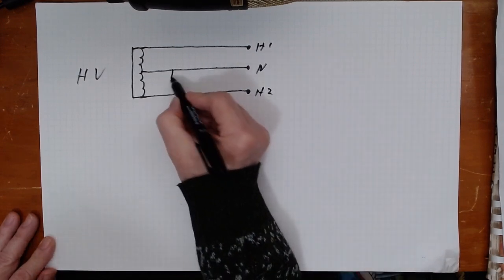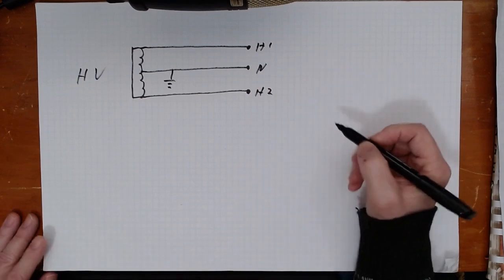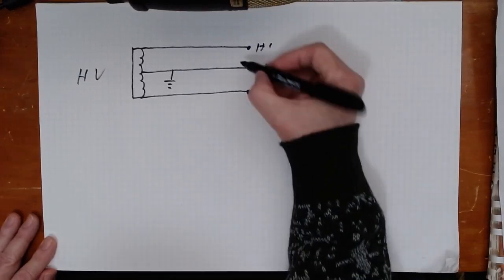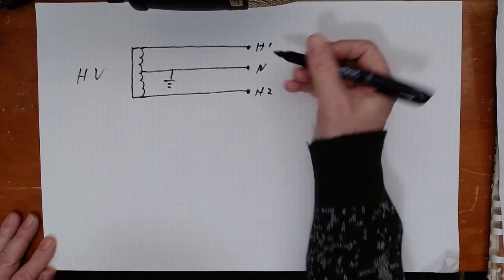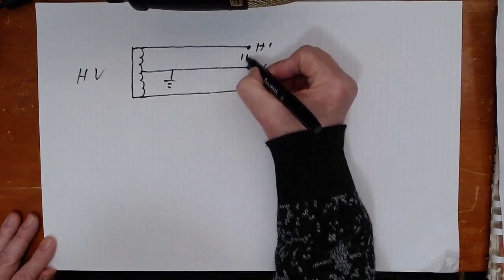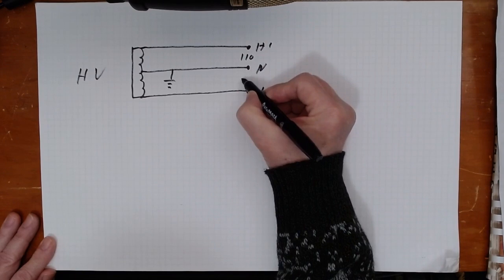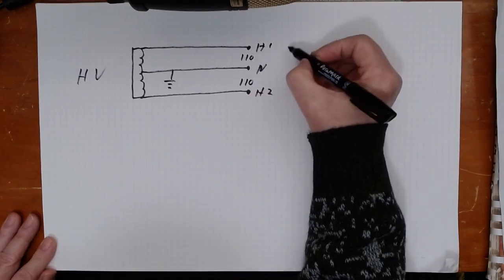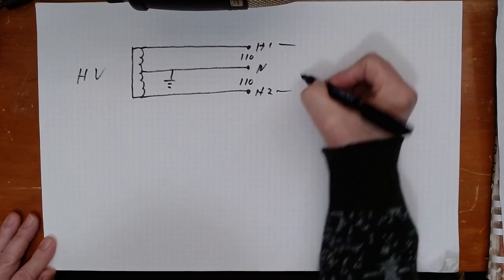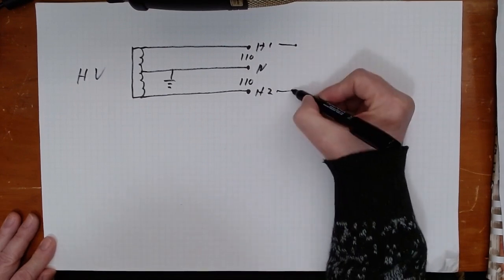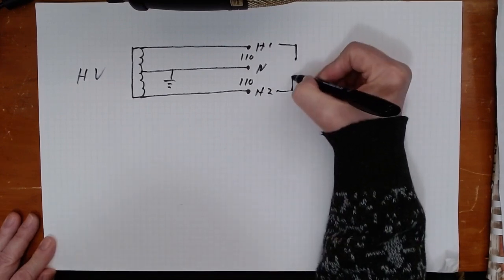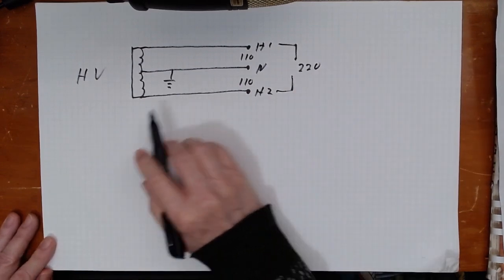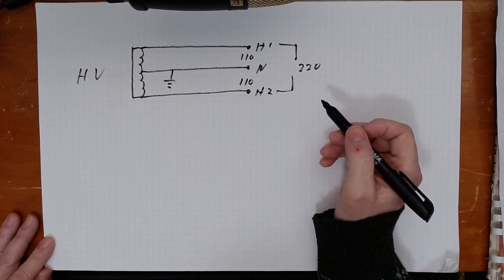The neutral is, of course, connected to ground, both at the transformer and at your home. The differential of potential between the hot and the neutral is 110 on each half. And if you go hot to hot, you then have 220. This is called a single split phase system.